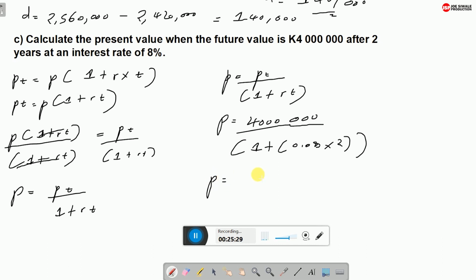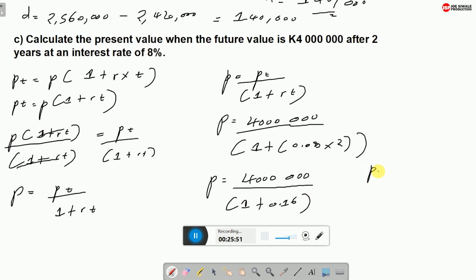So our present value is equal to 4 million divided by 1 plus 0.08 multiplied by 2, which gives 0.16.